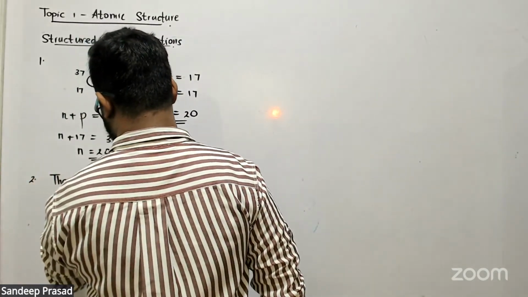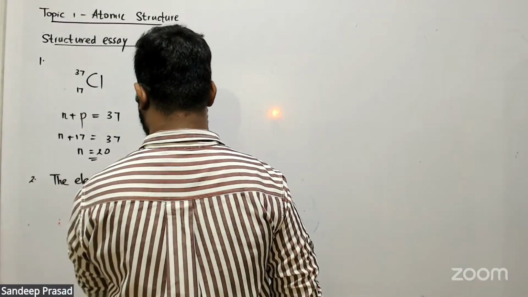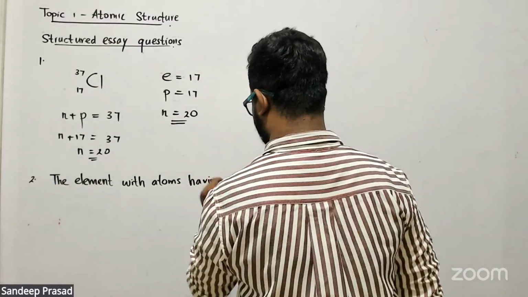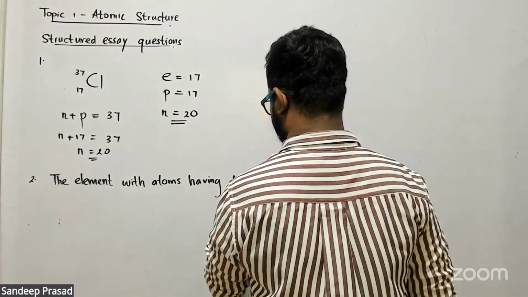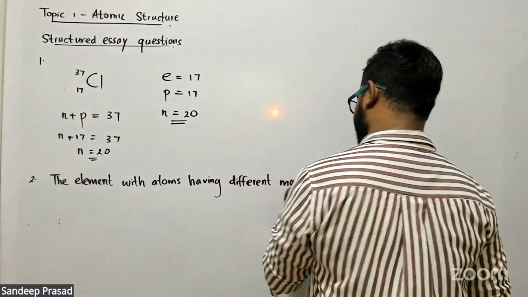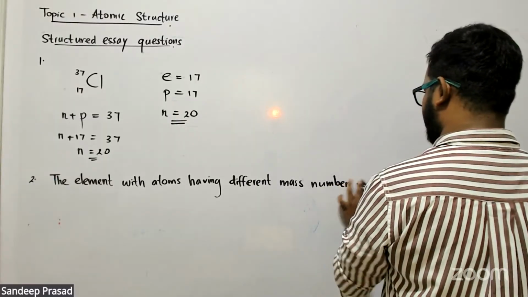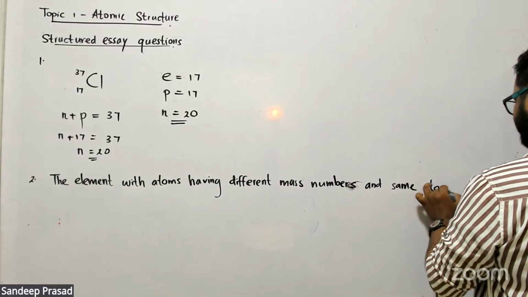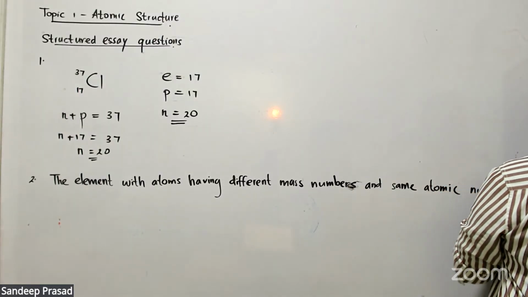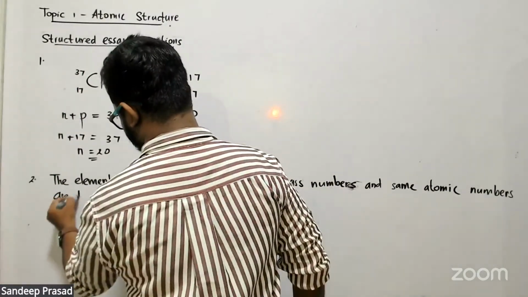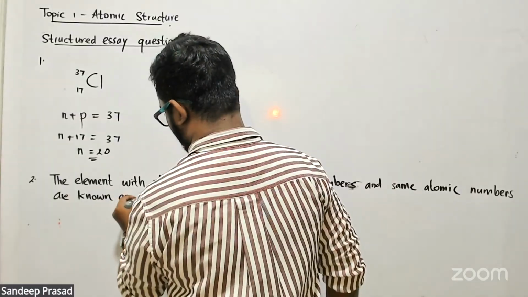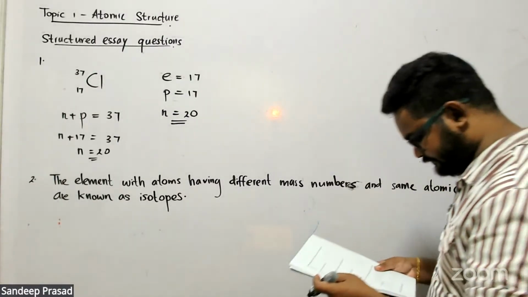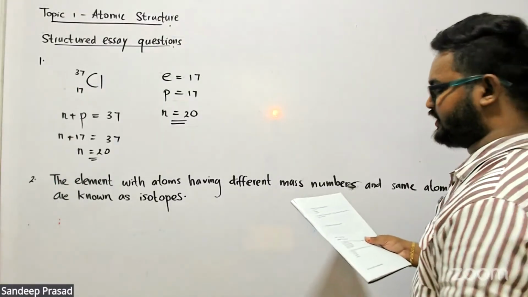The element atoms having different mass numbers and same atomic numbers are known as isotopes. That's very easy.